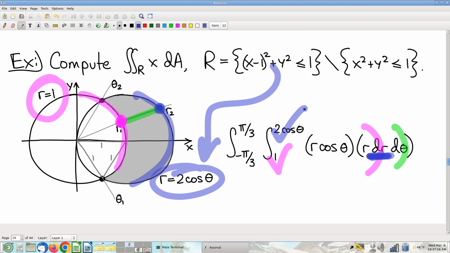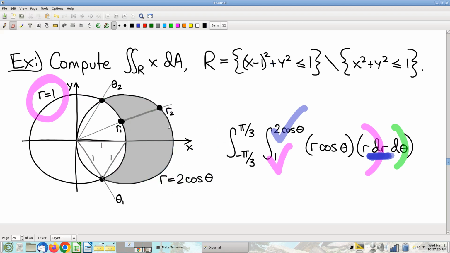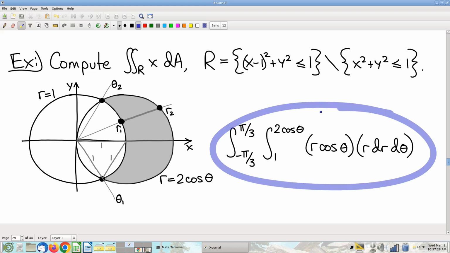Okay, so now, was it worth it? Was this a win? This integral is not super duper convenient at a glance, but you know what? It's not that bad. This ends up being what we call a trig integral. And I know you all have seen a bazillion trig integrals back in your Calc 2 classes.